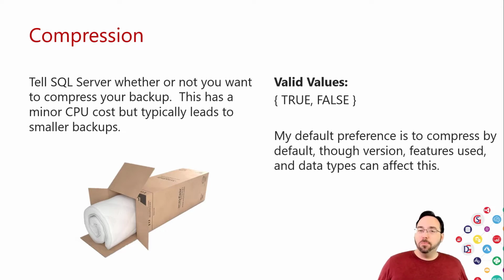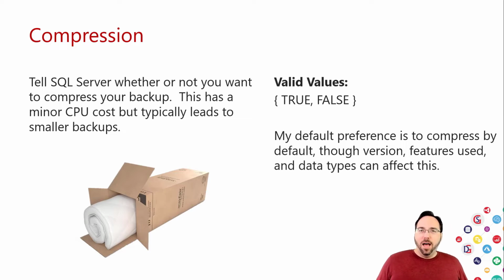Features used can also play a role in this. If you're running prior to SQL Server 2016 and you have transparent data encryption turned on, you don't want to compress the backup because you would be compressing a backup that is already encrypted.